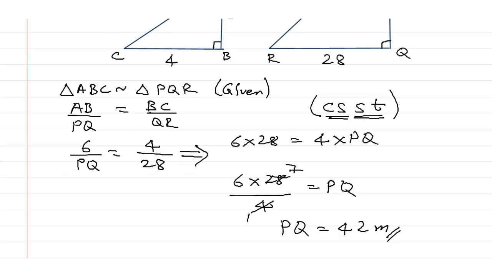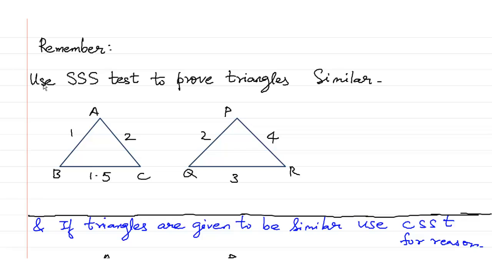One more thing that you need to note is that we use the SSS test to prove triangles similar. For example, if the sides are 1, 1.5, 2 and 2, 3, 4, we can see that 1 is half of 2, 1.5 is half of 3, 2 is half of 4. So AB upon PQ is equal to 1 upon 2.